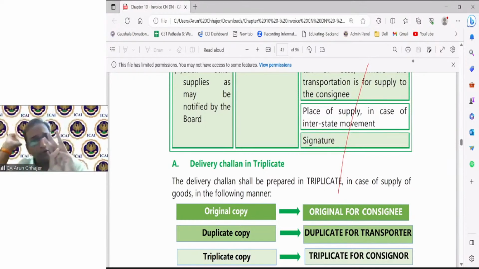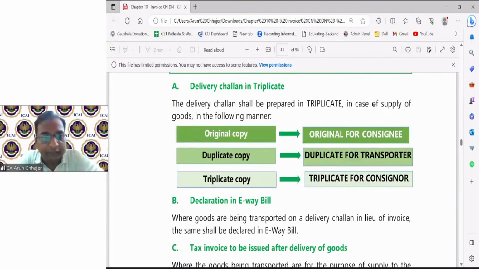The answer is no. Only three documents, remember, tax invoice, debit note, and credit note, will be generated through the e-invoice portal. The rest of the documents would normally be prepared from your accounting software. They do not require any IRN or QR code.